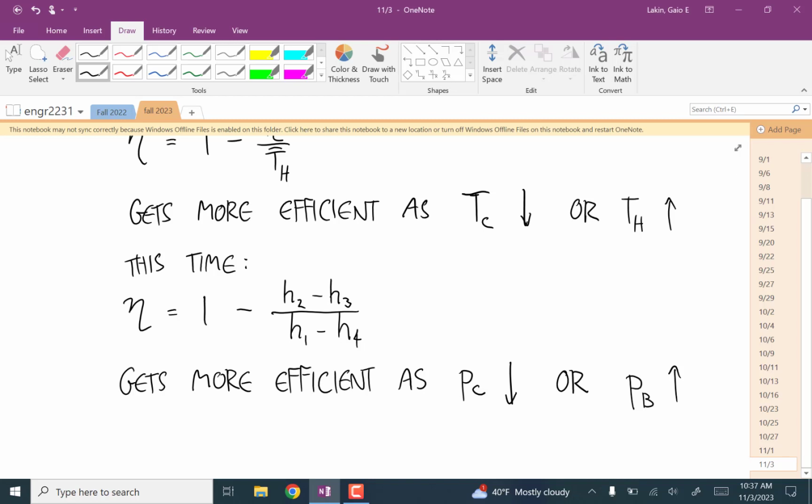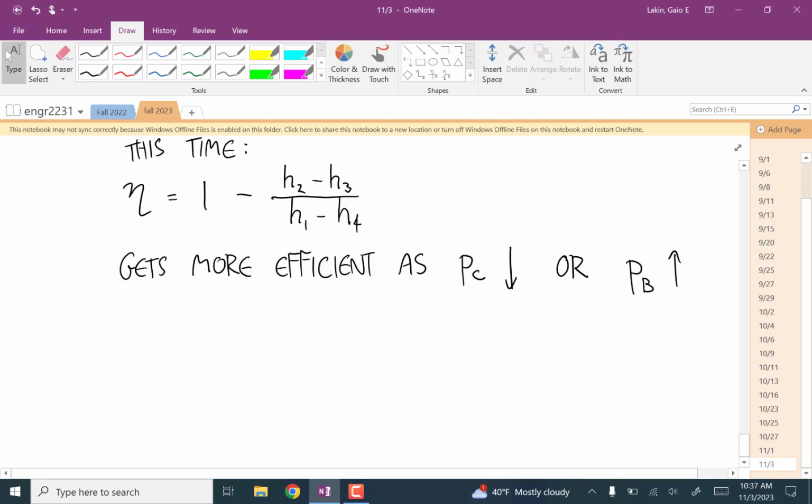Okay, so in the boiler, you'd like to have super high pressure and super high temperature. And in the condenser, you'd like to have super low pressure and super low temperature. That's what you would like mathematically in order to make the efficiency better.